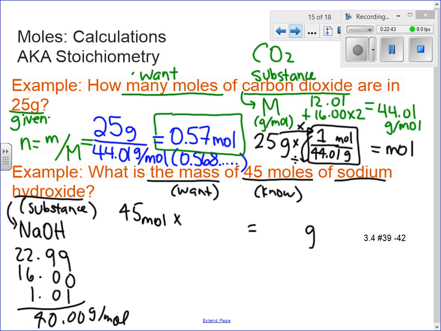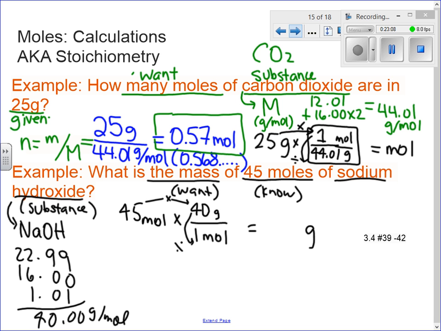Whichever thing you want to cancel out goes on the bottom. So I know that I want my 1 mole to be on the bottom, and my mass, 40 grams, to be on the top. So mathematically, I would do 45 times 40 divided by 1.